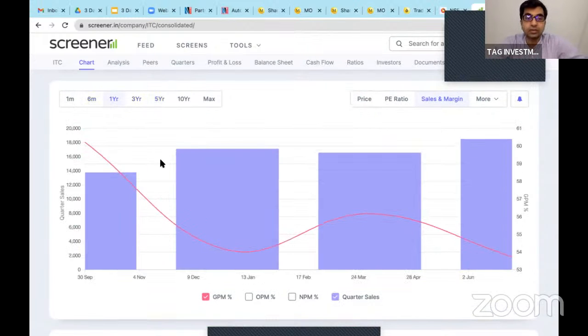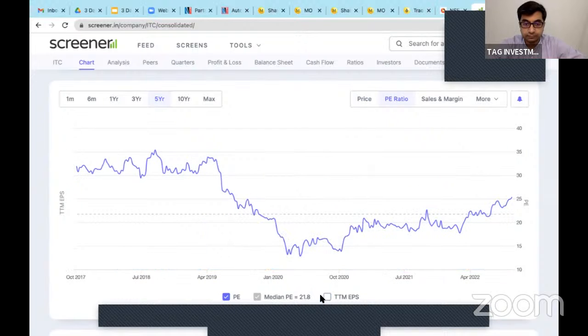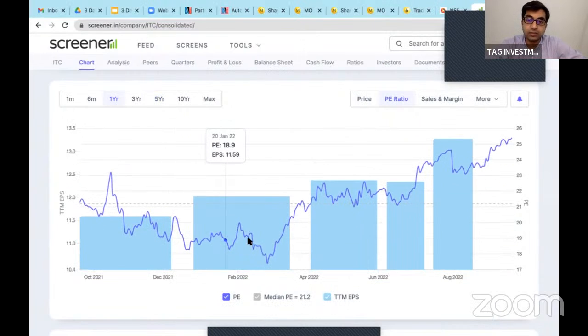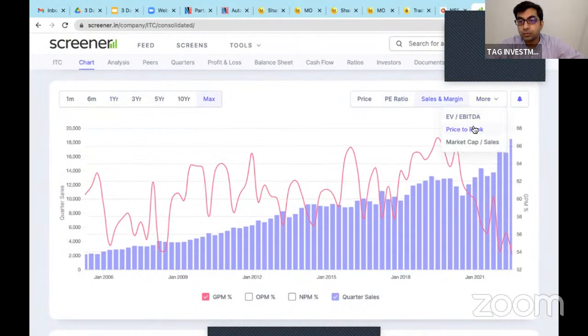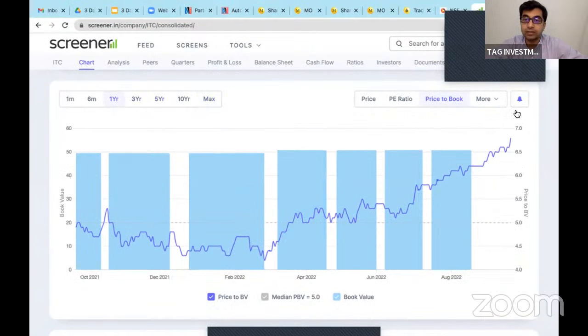In the last 1 year, it has been up and down. If you want to see the P/E ratio in the last 1 year, the P/E is increasing. Now, if you want to see price to book value, is it increasing or decreasing in the last 1 year? It has been increasing. The price has been increasing as compared to its book value.